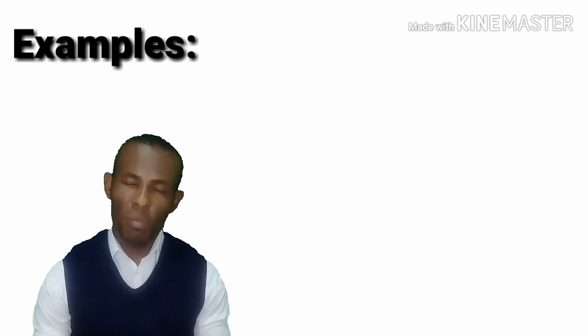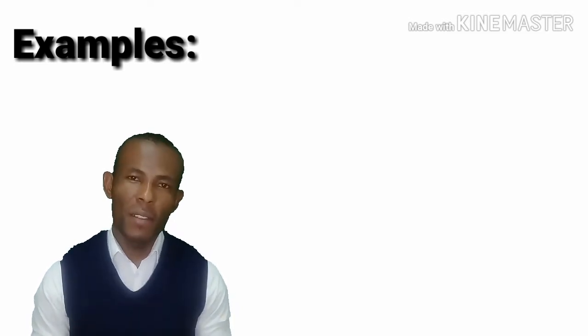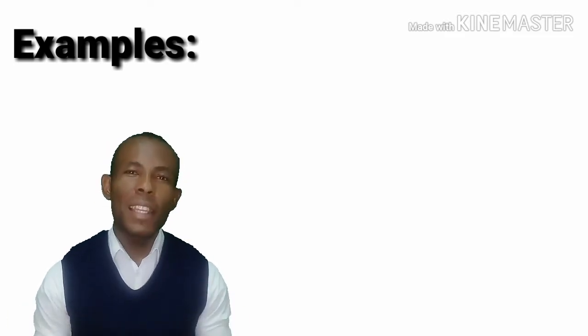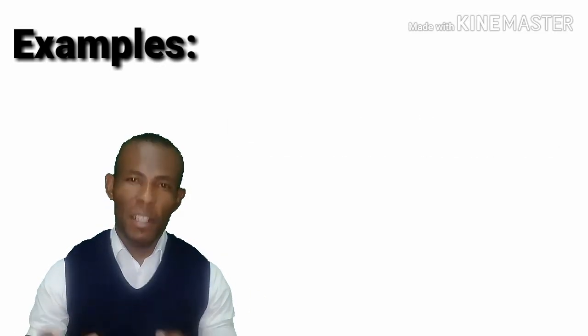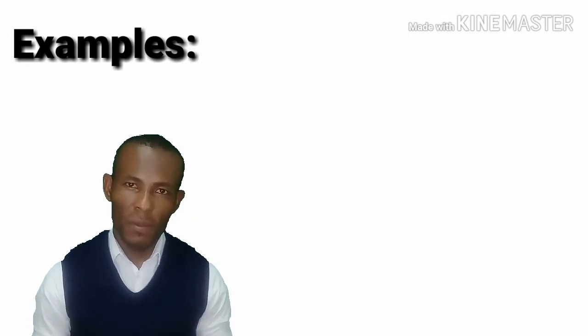The last 3 examples were on simple future, simple present, and simple past. Note that it is also possible to use for with a period of time in the perfect tenses. I will give you 2 examples with the present perfect and the present perfect continuous. Example number 1.